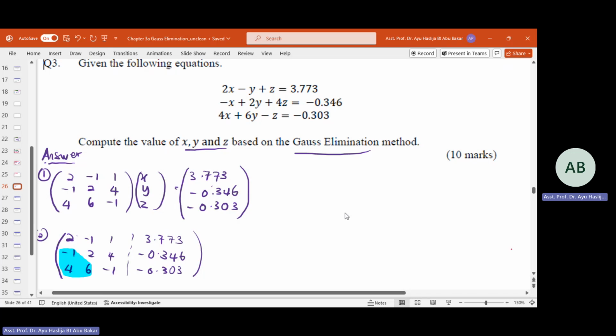No one will check. Okay, up to you. So what's your answer for your X and Y and Z?